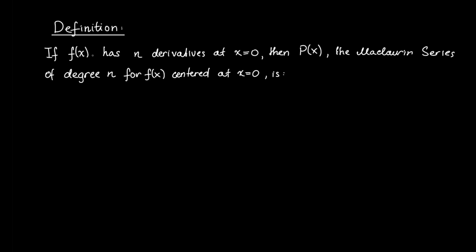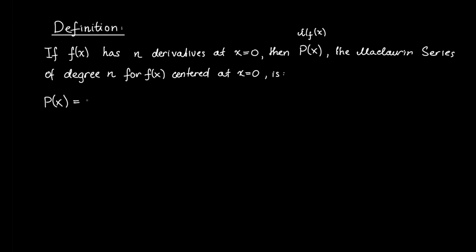If we have a function f(x) which can be differentiated n times at the point x equals 0, then the Maclaurin series, usually denoted by the capital P(x) or also as M with an index n of f(x), of degree n for the function centered at x equals 0. In this case, that would be given by the following.